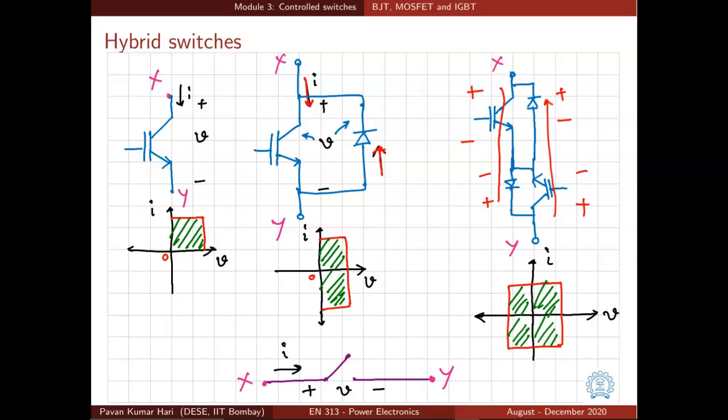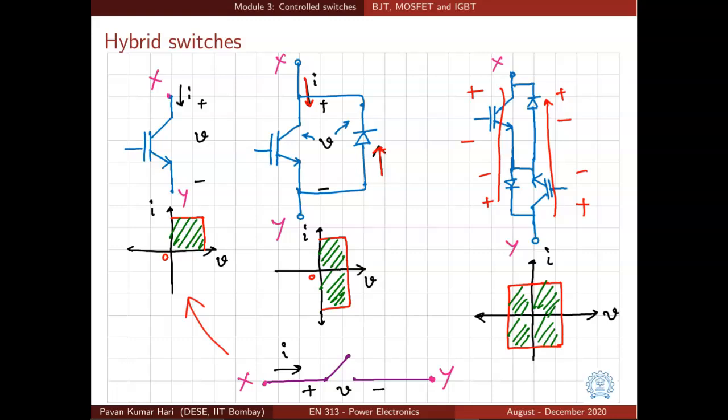So if you have a power electronic circuit, and in that circuit you have two terminals X and Y between which a switch needs to be inserted, you need to look at the current carrying capability and the voltage blocking capability of the switch. If the switch needs to carry current only in one direction when it is on, and if the polarity of the voltage that needs to be blocked when it is off is consistent with this IGBT, one can go ahead with the first option.